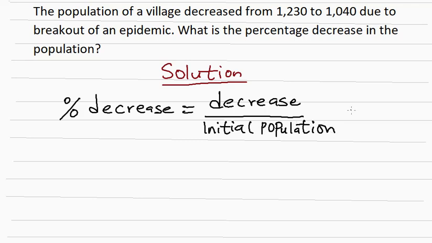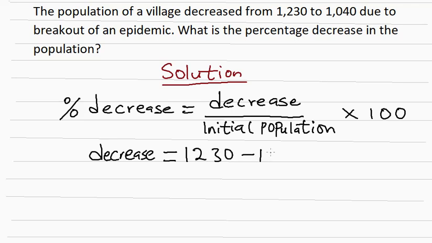And of course, it's a percentage, so you have to multiply by 100. So let's look at the decrease. Decrease is the difference. Decrease is going to be 1230 minus 1040.